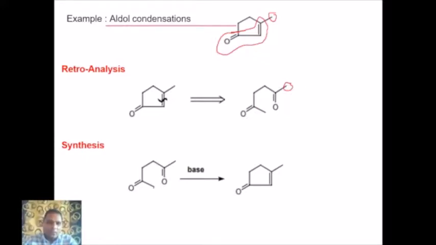So what happens here, you see, now this negative charge appeared from this one by the deprotonation, and this attacks at the internal ketonic group, and it forms the alkoxide first, followed by the water molecule cleavage, minus H2O, and it will generate the alpha beta unsaturated ketones.